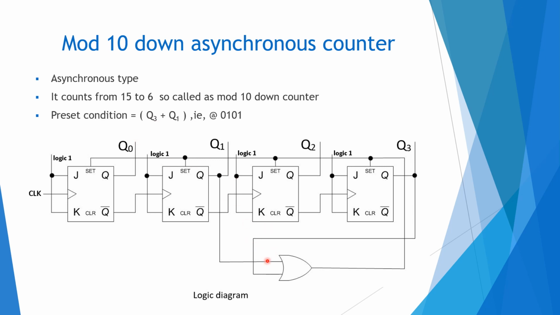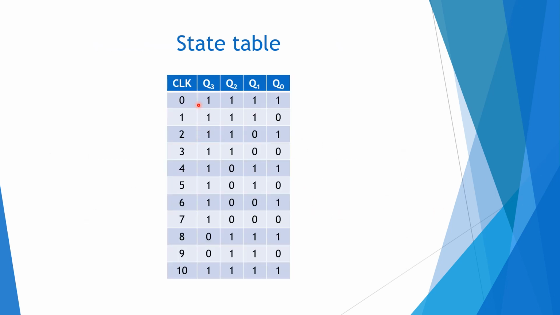We give an OR gate, and this presets all the flip-flops, and the value will be 1111. So you can see the first value is 1111, and then it counts to 14, 13, 12, 11, 10, 9, 8, 7, 6, and then it goes to preset, and then it counts to 15, that is 1111.